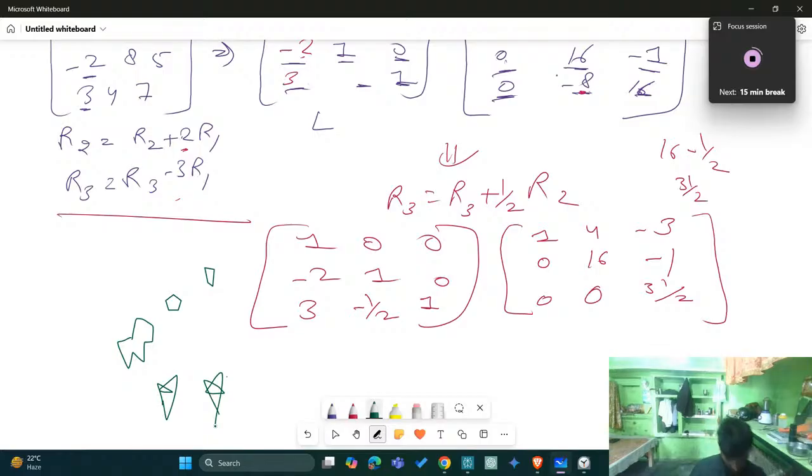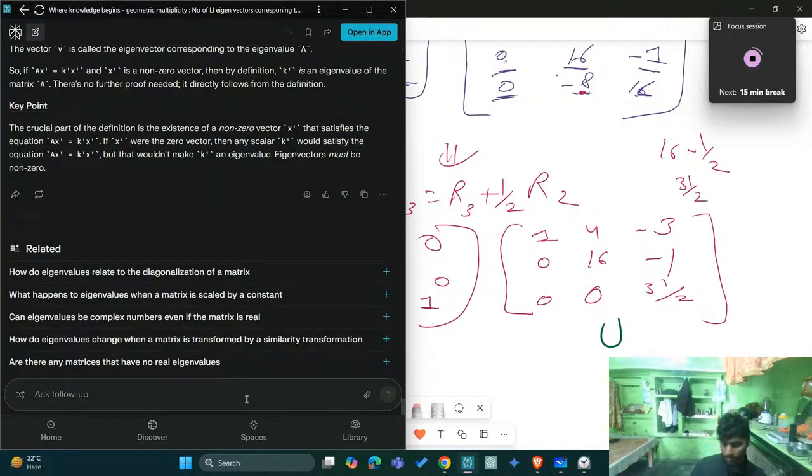Alright, so this is the LU decomposition for us. This is L, this is U. Is this true? Let's check. Let's ask this here.